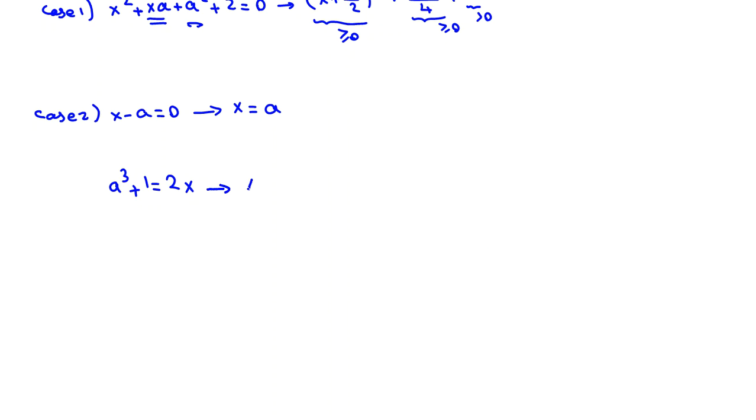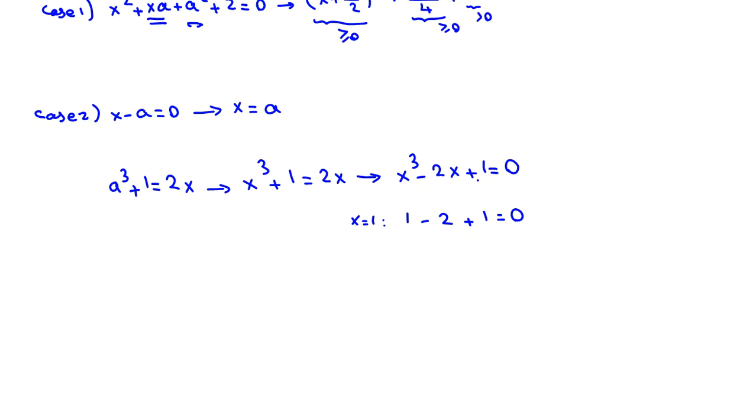Because x equals a, we can say x cubed plus 1 equals 2x. So when you have a cube root and degree 3, take everything to one side. One of the most important things is to find one root of this. x equals 1 works, because if you replace x with 1, 1 minus 2 plus 1 equals 0. It is very useful.